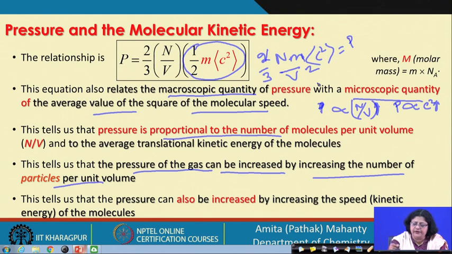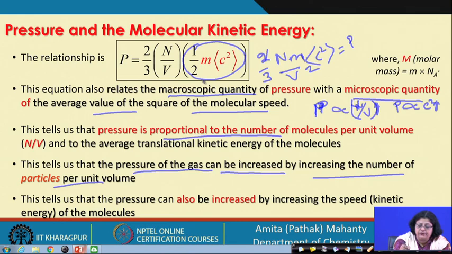From this pressure term we have seen that in the total volume V, if n is the total number of particles, the pressure depends on the number concentration of the particles, the number of particles in the unit volume, and is also proportional to the RMS speed of the particle. So, if you increase the speed, the pressure is going to increase. If you increase the number of molecules, the pressure is going to increase.